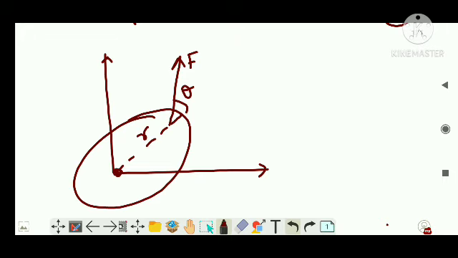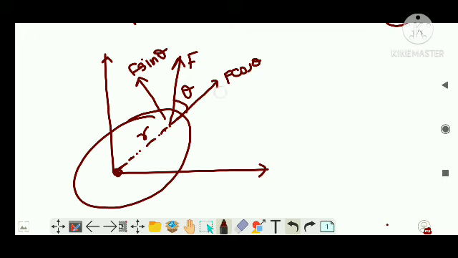So this becomes R, the distance of the applied force from the pivot. Clear? So you are having F in this direction, which means obviously you can make two components. This is F cos theta and this component becomes F sin theta, right?